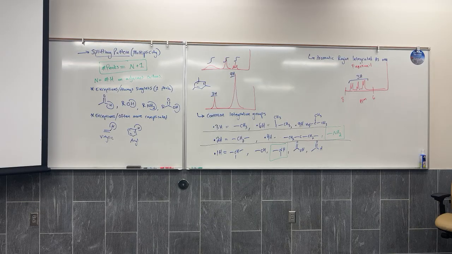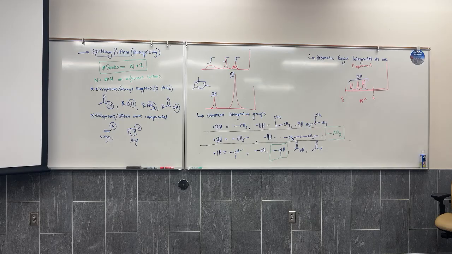Multiplicity, I would say, is arguably the most powerful tool that NMR offers in structural determination. I have a signal that integrates to 3H. That 3H is probably a methyl group. That signal shows up around 2. The methyl group is adjacent to a functional group.